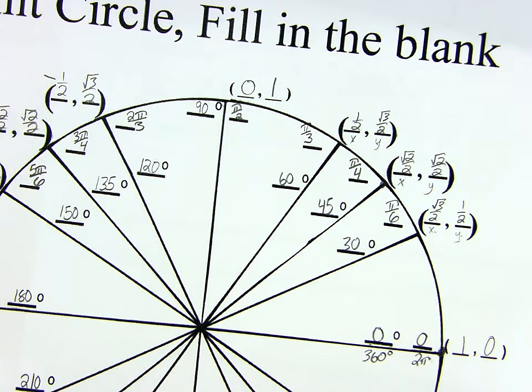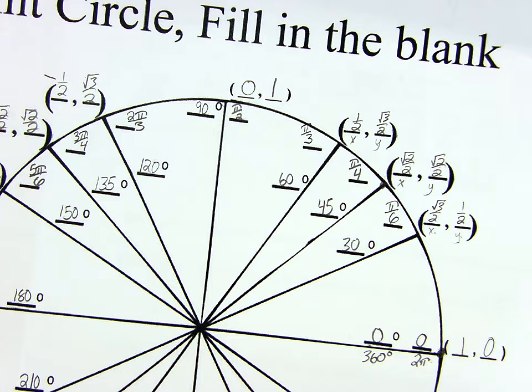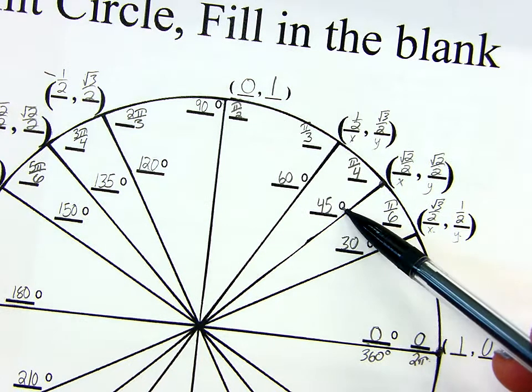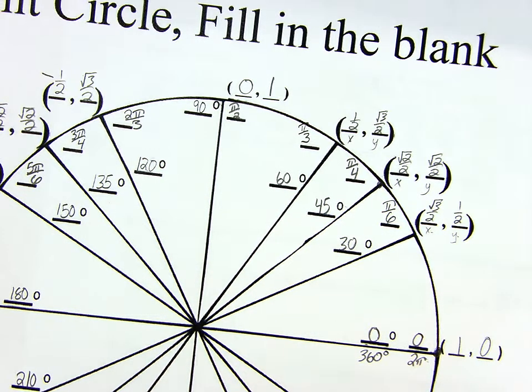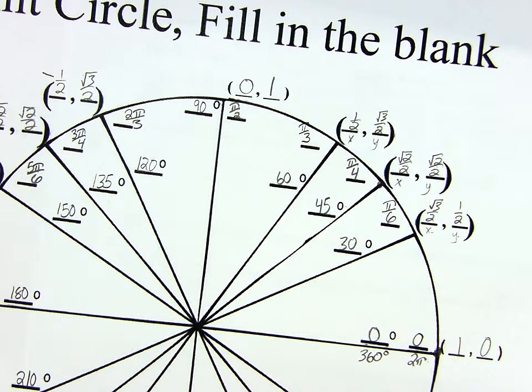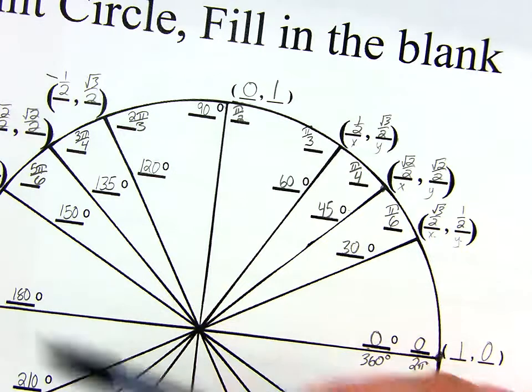3, 4, 6. 6, 4, 3. I'll give you a hint. Should I give you a hint or keep my mouth shut? I would look at just the 45-degree angle. So look at the ones, the 45, 135, 225, 315, the ones in the middle, and your quadrantal angles.